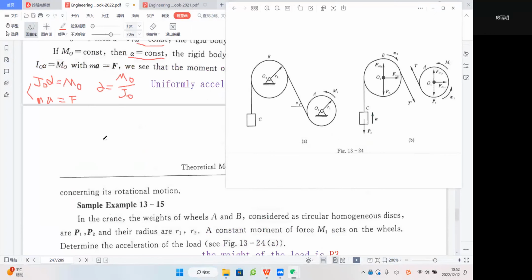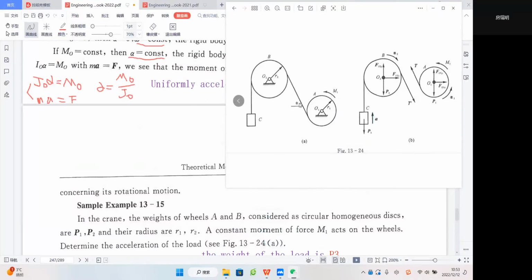So in the crane, we have two wheels, wheel A and wheel B. These two wheels both rotate around the fixed axes O1 and O2, with radii R1 and R2, right?